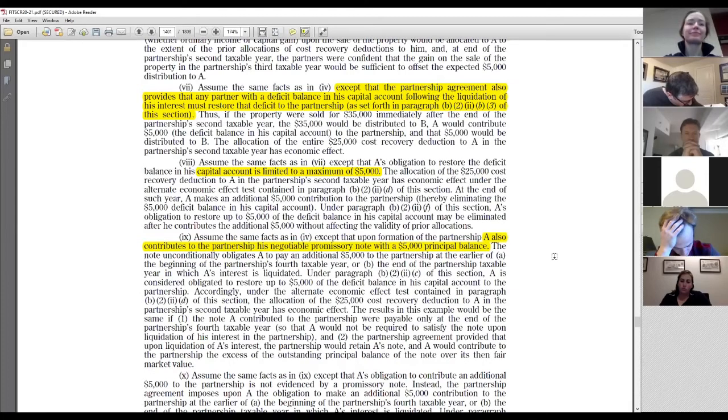A says, I promise the partnership to pay you $5,000 in the future, and no later than my liquidation of my interest. So at some point, A is going to be kicking in this 5.